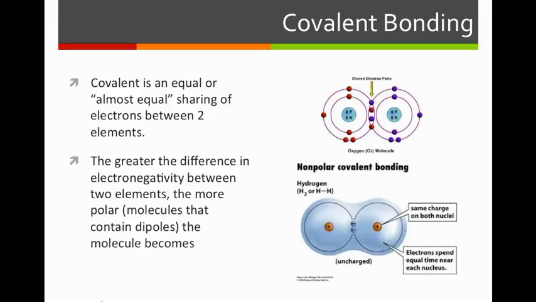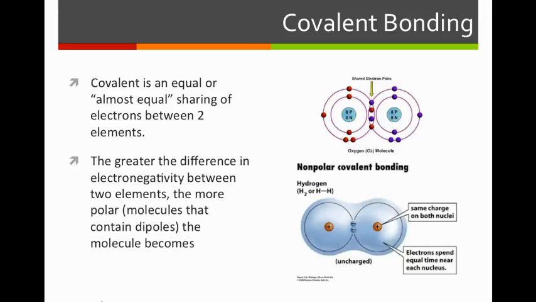Covalent bonding is an equal or almost equal sharing of electrons between two elements. For example, two oxygen atoms can bond together and make an O2 molecule. That's an equal sharing. Now, if there's an unequal sharing, it depends upon the size of that unequal sharing to give an indication of the bonding.